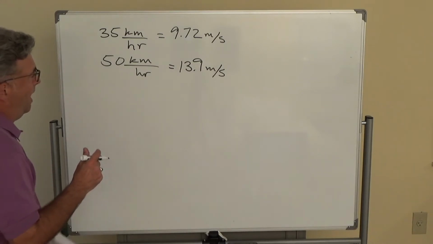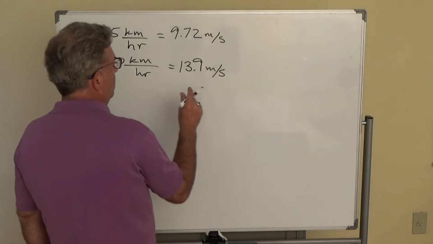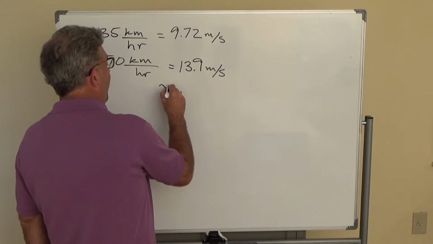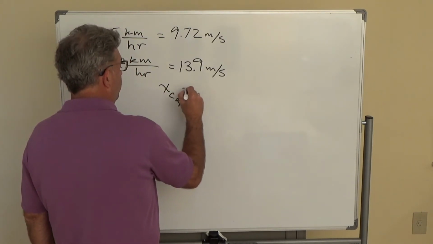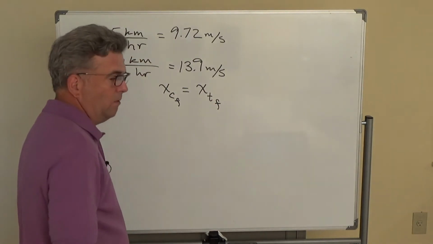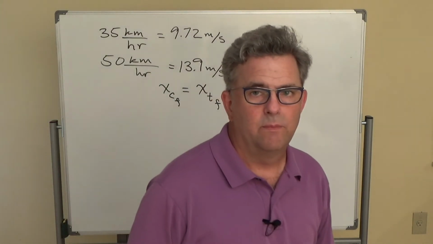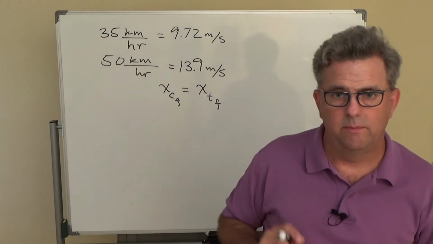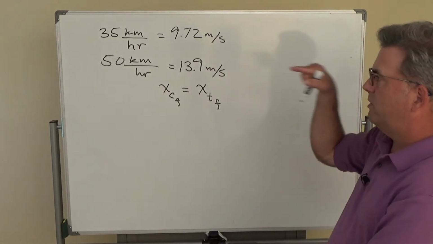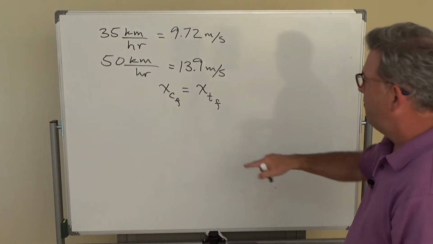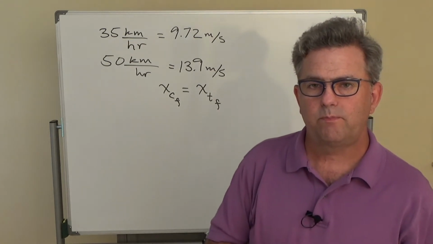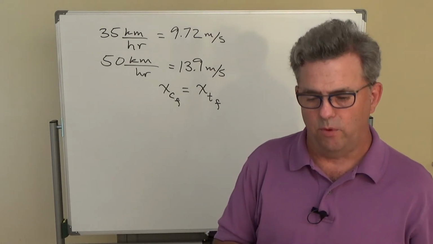So to answer the question, where do they meet, we want X car final to be equal to X truck final, right? That's going to be where they meet. The car is coming this way, the truck is going this way, and we want to find out when these values are equal in that interval.